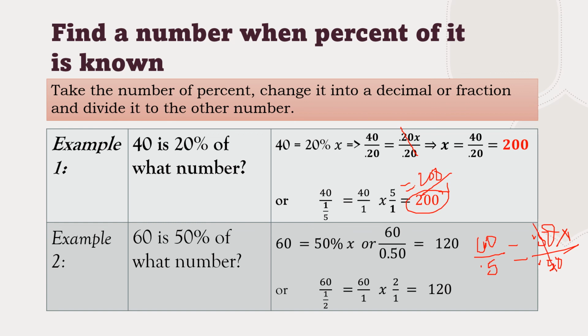So the remaining will be x is equal to 60 over 0.50. And then we will divide this. The answer is 120. The same goes with using the fraction. So 60 is 50% of 120.